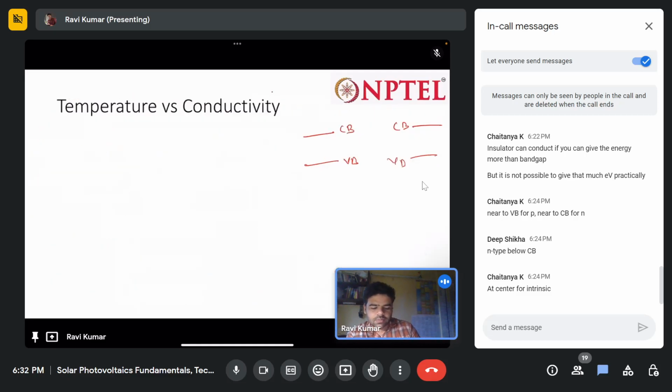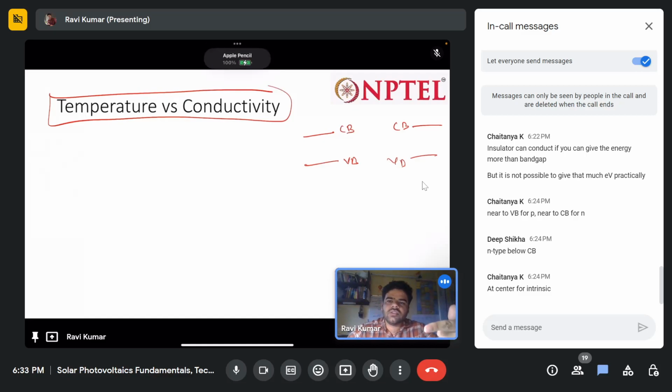Okay, so now let's come to the next point, which is about temperature and conductivity. What is the impact of temperature on the conductivity of metal and semiconductor? What do you think? Does the conductivity of metal increase or decrease with temperature, and does the conductivity of a semiconductor decrease or increase with temperature?